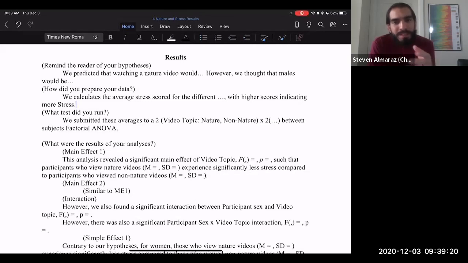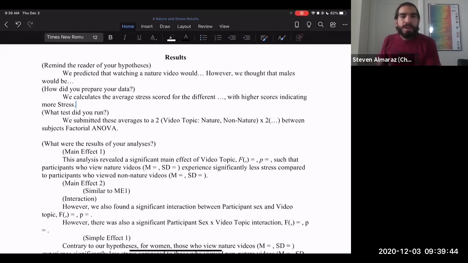But usually I'll say, oh, you put the information in the materials and then you put it again in the procedure section or something like that. I'll say, you can delete it from the procedure section or you can delete it from the materials section. But I'm not taking off points because you put too much. Because I think it's better to repeat yourself than it is to not include the appropriate information.